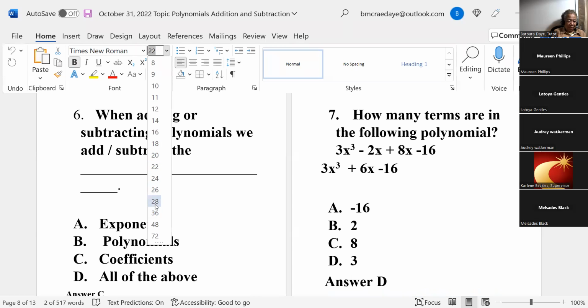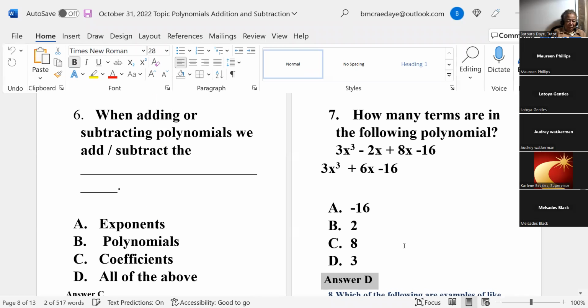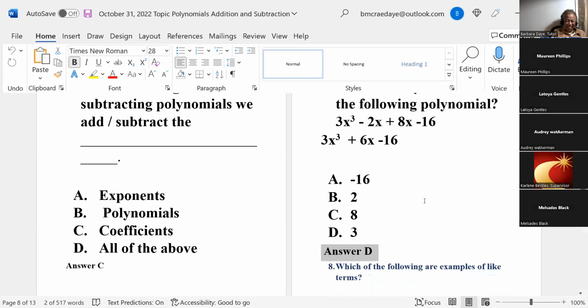The answer is D, because minus 2x can be combined with 8x, like Maureen said. There's nothing to combine with 3x to the third power, or minus 16. So the answer is D.